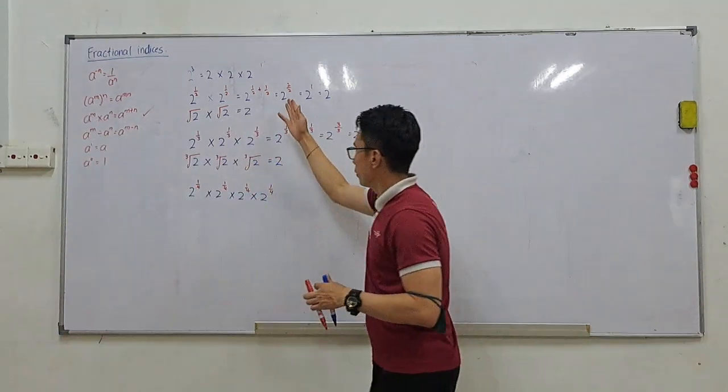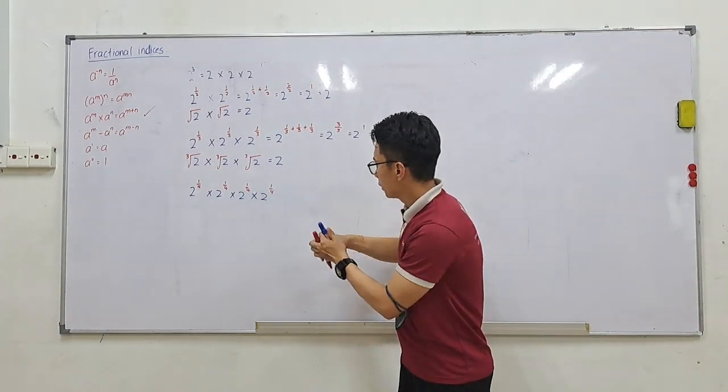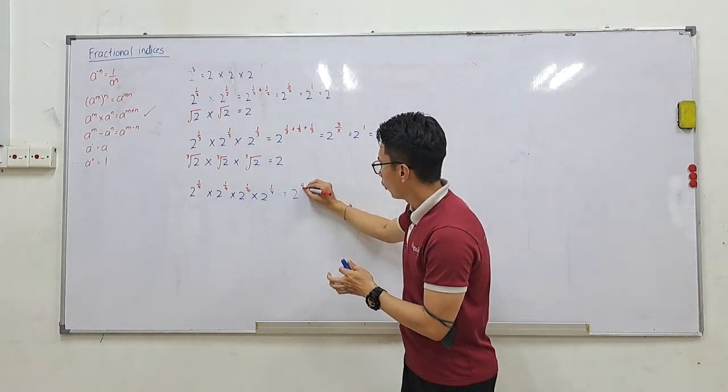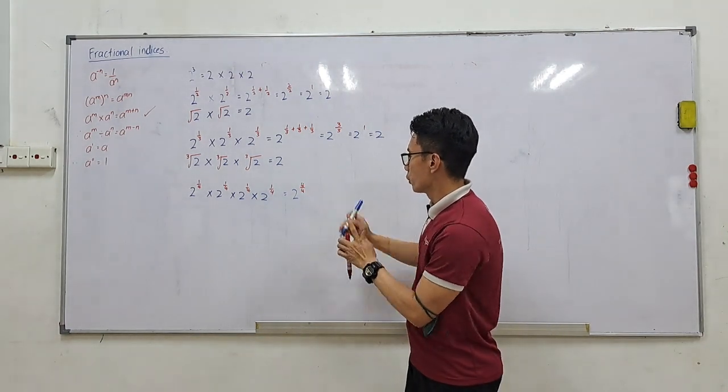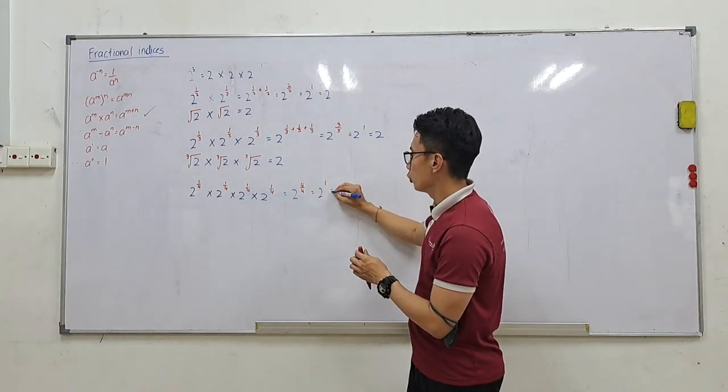I should get 2 to the power of 4 over 4, which is the same as 2 to the power of 1, which gives me 2.